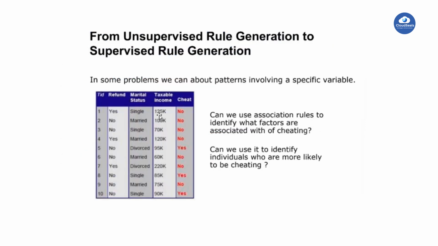This is also numerical data. You can arrange this one sorted in ascending order: 60, 70, 75, 85, 90, 95, 100, 120, 125, 220. We are sorting like this.